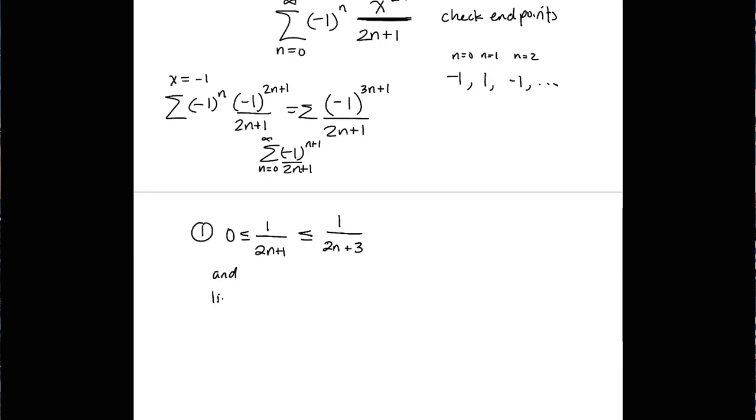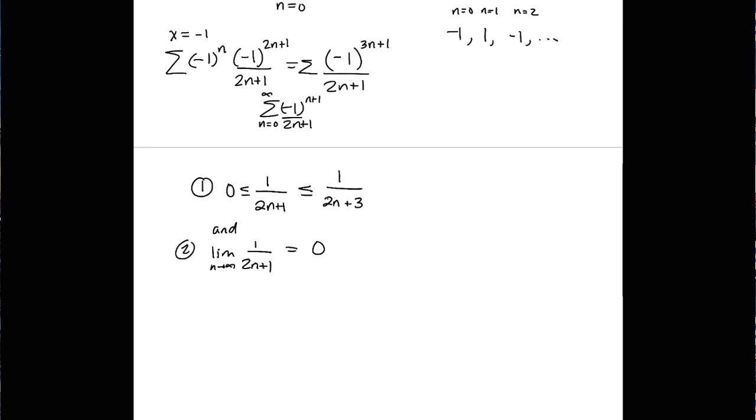And the limit as 1 over 2n plus 1 with n going to infinity will be 0. The alternating series test, AST, implies convergence. Okay, so we're convergent at x equals negative 1.